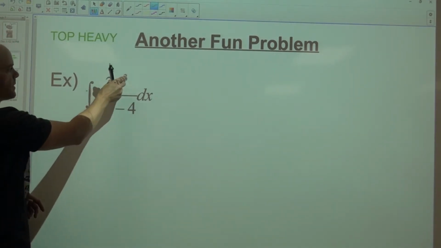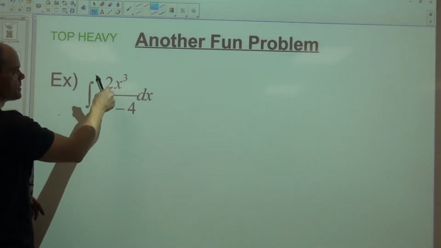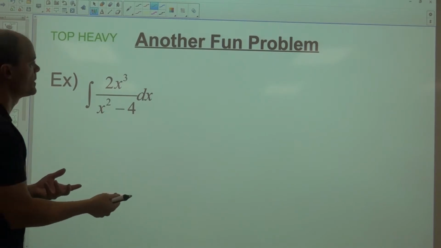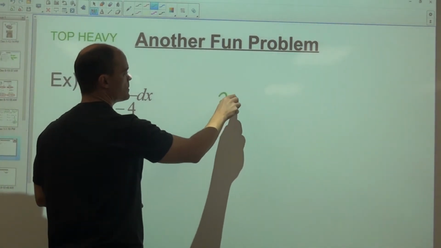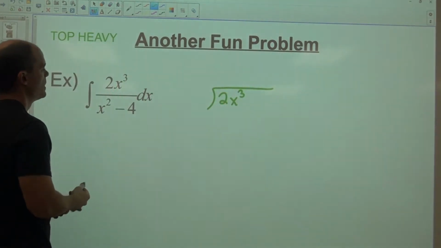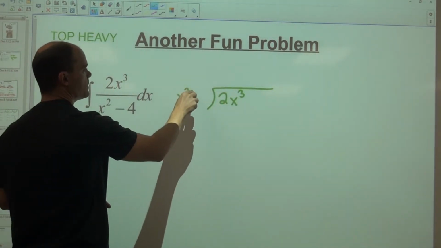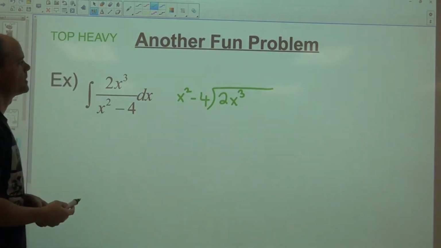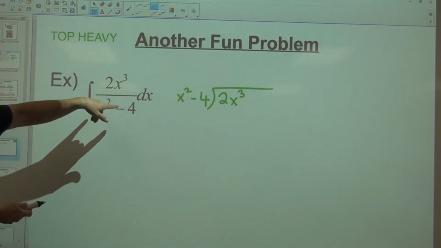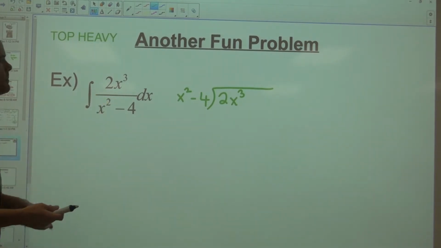This says divide this by this, 2x to the third divided by. So we're going to actually do that division. We're going to do 2x to the third divided by, and we're going to divide x squared minus 4 into this. We have to whittle this down so that at least we have a bottom-heavy fraction. Otherwise we can't apply partial fractions.